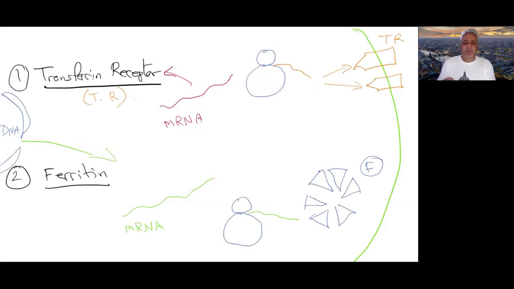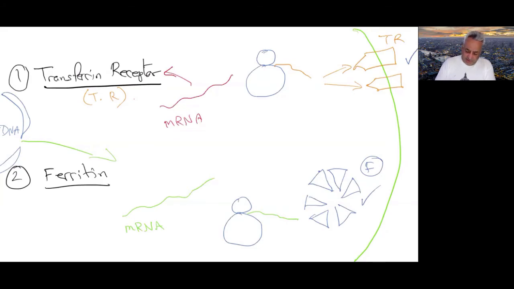Now, depending on the needs of the cell, the number of receptors can be regulated. So the cell can make a full complement of receptors, or it can reduce that number by simply altering one of these steps in the pathway for their production. Likewise for ferritin. And the most suitable place that nature has chosen to regulate this behavior is at the messenger RNA level.